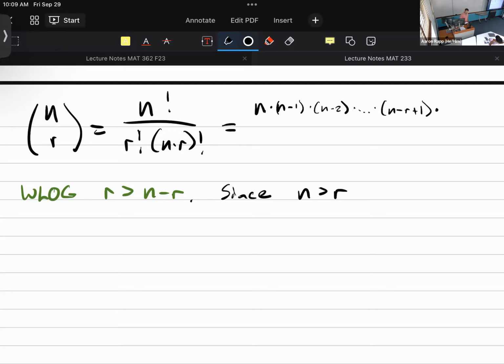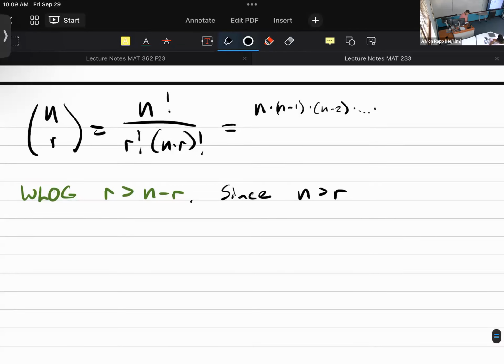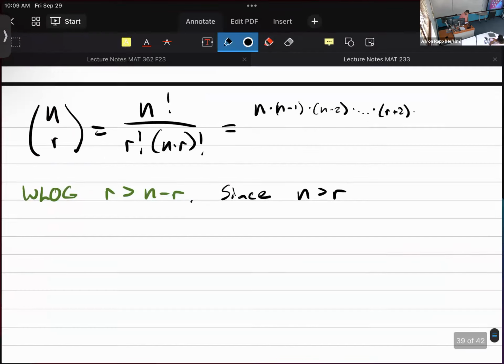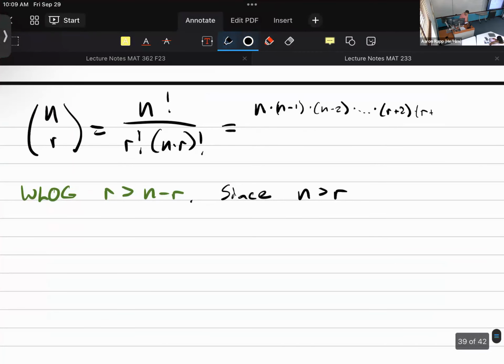I go all the way to r factorial, r plus 2 times r plus 1 times r factorial, right?